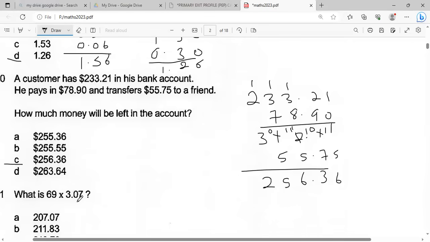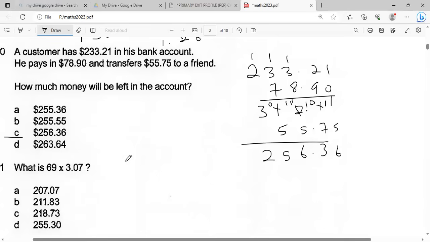What is 69 times 3.07? I think we probably can look at it and no, some of them are more than 2 decimal places. All right, I'm going to multiply. So we have 307 times 69. 9 times 7 is 63, 900, and we add 6, 9 times 3 is 27. Guys, just try to keep up, all right?